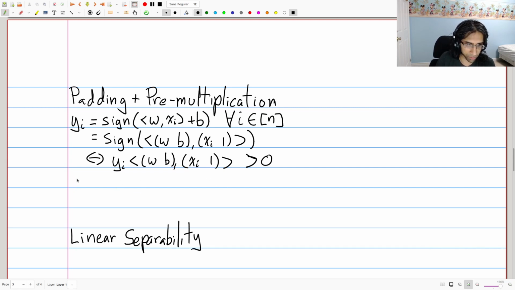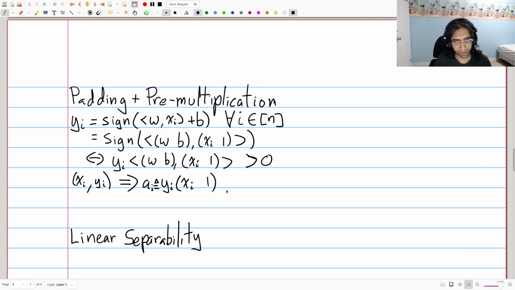Instead of being given a point (x_i, y_i), we do a transformation to write it as y_i times (x_i, 1), and we call this new thing a_i.